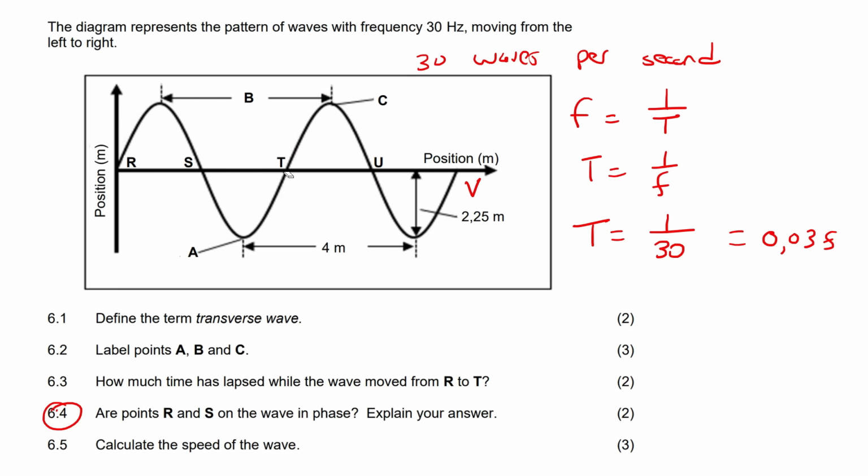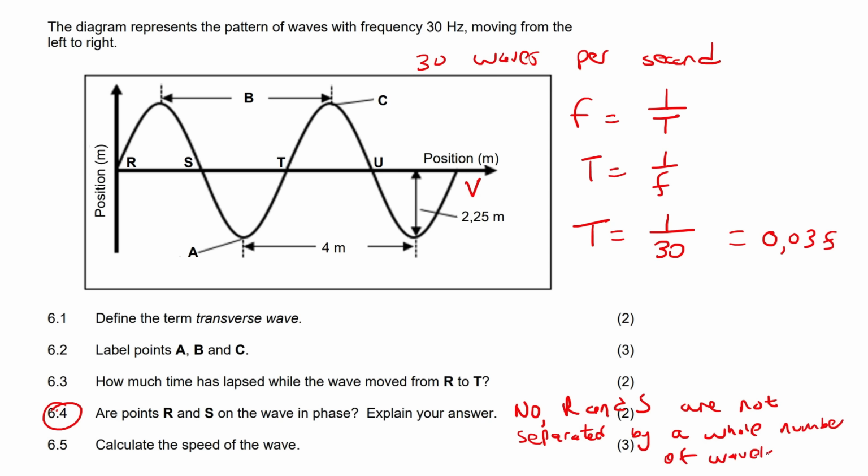So as long as it's a whole number of wavelengths, they are in phase. But R and S is like a quarter of a wavelength. So we will say no: R and S are not separated by a whole number of wavelengths. It's not a whole number, it's a quarter.